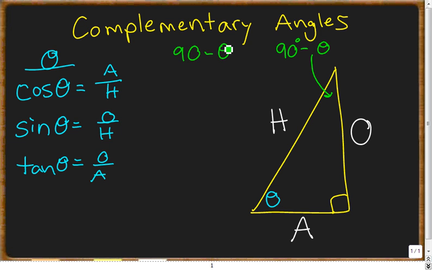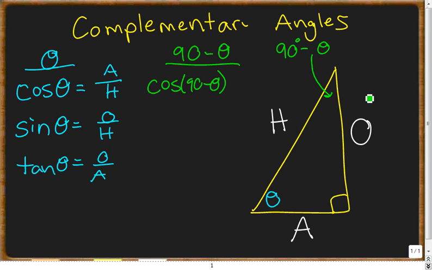So we have to rethink it in terms of its own thing. If we're referencing theta, and we keep all of these sides the same, so think about these sides because we're referencing this. For 90 minus theta, if we were to do the cosine of 90 minus theta, cosine would be its adjacent, which would be the opposite.